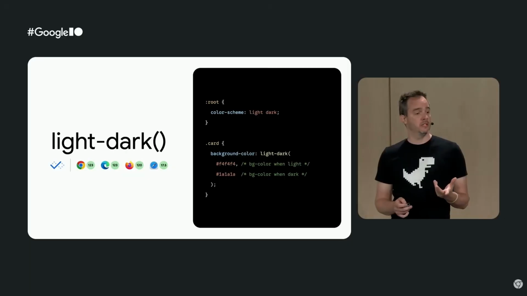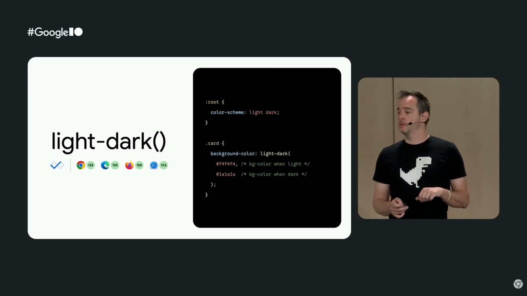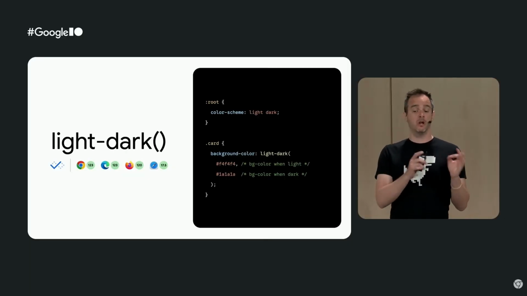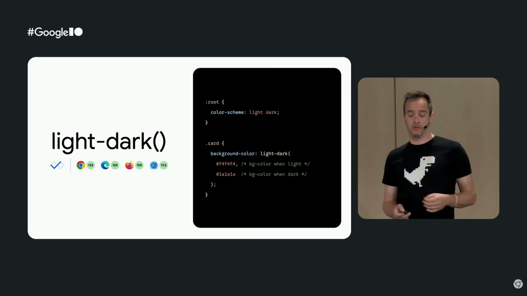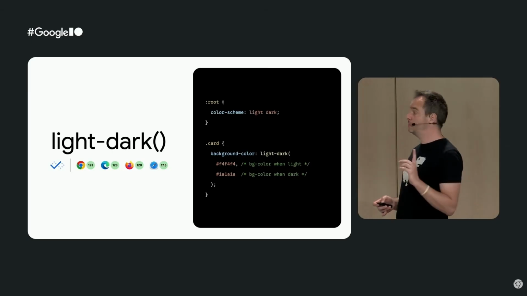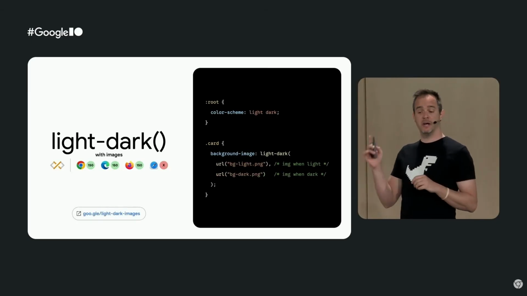Whilst it helps with contrast, it's not a replacement for actually checking whether your design is readable. Another function is light-dark, which lets you define a light value and a dark value in the same CSS declaration. The browser then chooses which one to use based on the current OS color scheme.